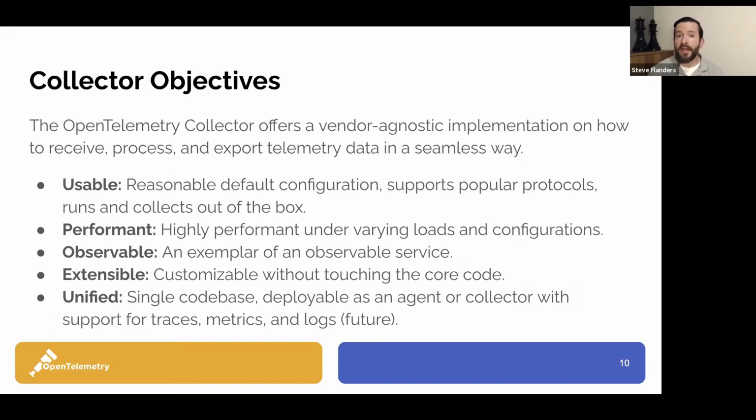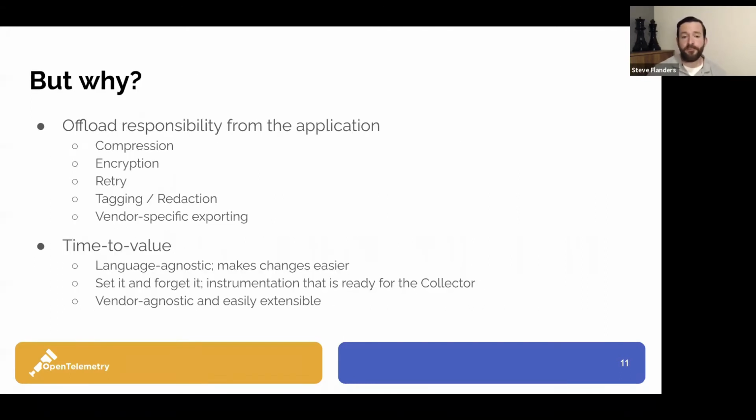So in a way, it handles translation for you. It understands the formats it's receiving and how to send that out in a different format. In addition, it can be used to manipulate the data before it gets sent out. Maybe you want to do like PII redaction, or you want to do metadata enrichment. All this is made possible through the collector as well.